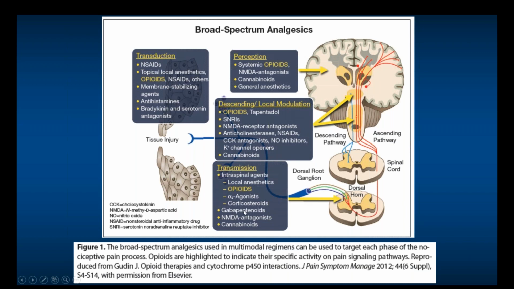And we know that gabapentinoids such as gabapentin and pregabalin are membrane stabilizing drugs that actually reduce the irritability of nerves and that transmission of painful impulses. So it would be very helpful to always be strategic in how your selection of multimodal analgesic therapies will have an effect on pain mechanisms and pain pathways.